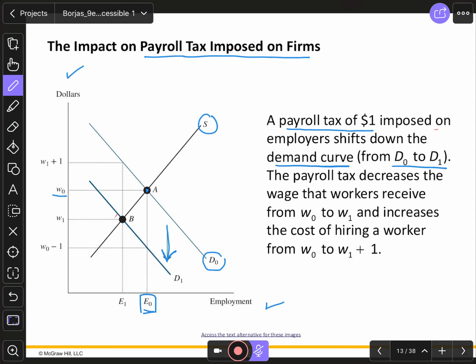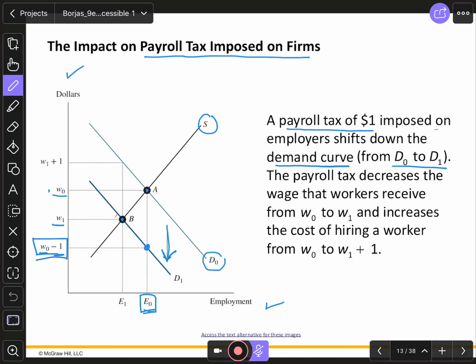So if they want to maintain the same amount of employment, they would have to reduce the wages that much. But what's actually going to happen is that the shift in the demand curve intersects with the supply curve at point B. So our new wage is actually W1. There is a drop from the initial wage to the new wage, which is W1.